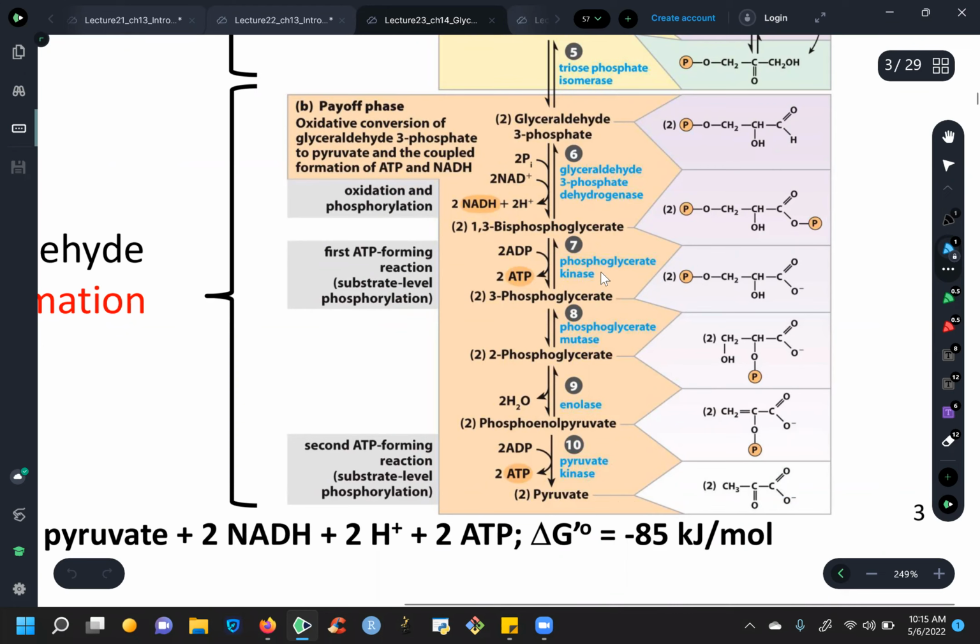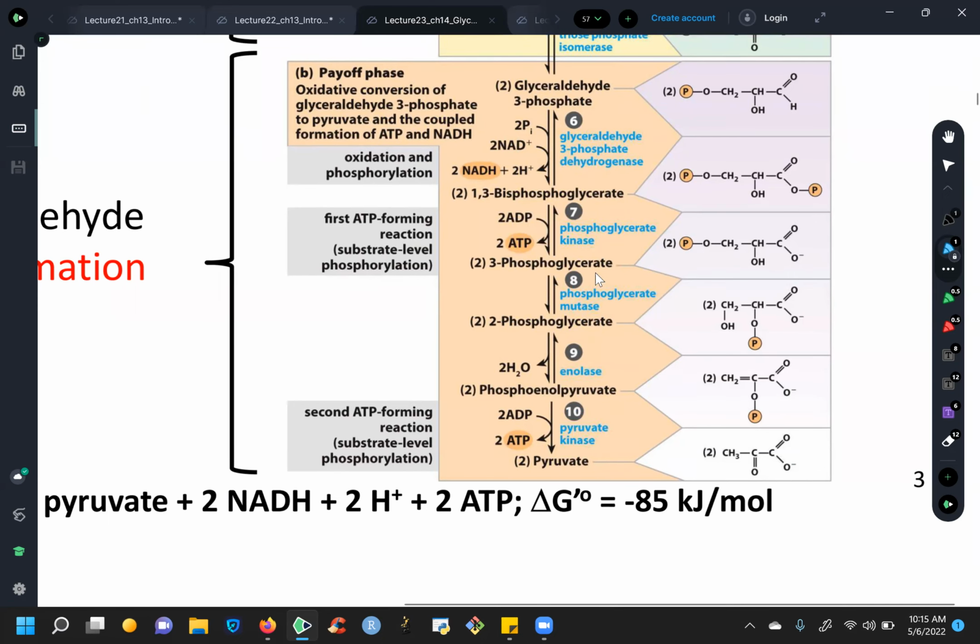So phosphoglycerate kinase. We're going from 1,3-bisphosphoglycerate to 3-phosphoglycerate. So we removed one of the phosphates from our molecule, and we gave it to ADP, and that's how we made ATP.